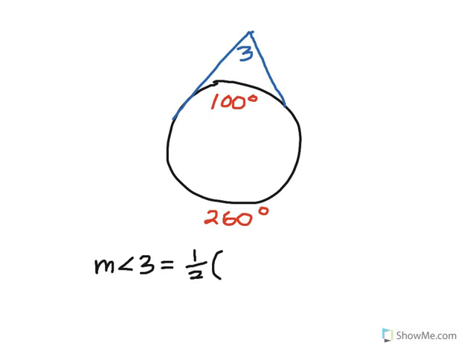Notice that both of those intersected arcs, when I add them together, make the full 360, because these lines are tangent. The points of tangency are the only thing that divide the two intersected arcs. So measure 3 is equal to half of 260 minus 100 degrees. So that's half of 160 degrees, or 80 degrees.